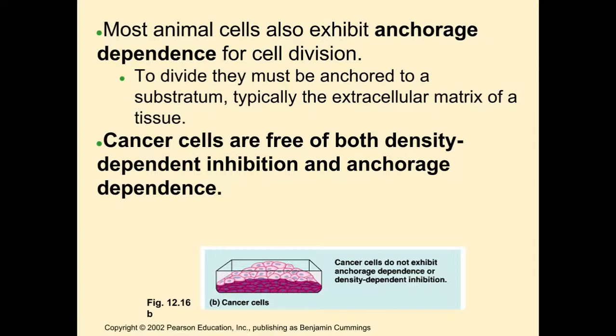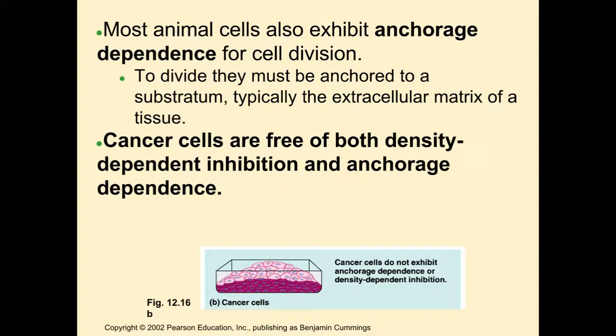And then most cells also exhibit anchorage dependence for cell division. To divide, they must be anchored to the substratum, typically the extracellular matrix. Basically, the cells need to be connected to something. This is actually quite related to anatomy.